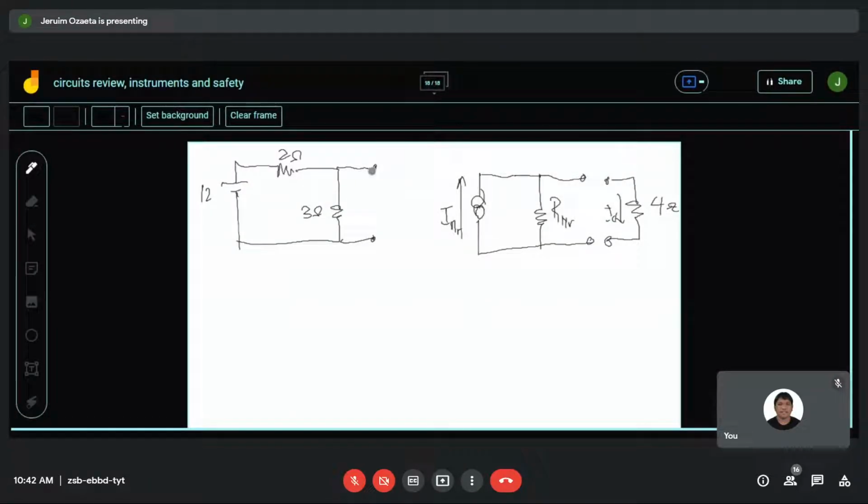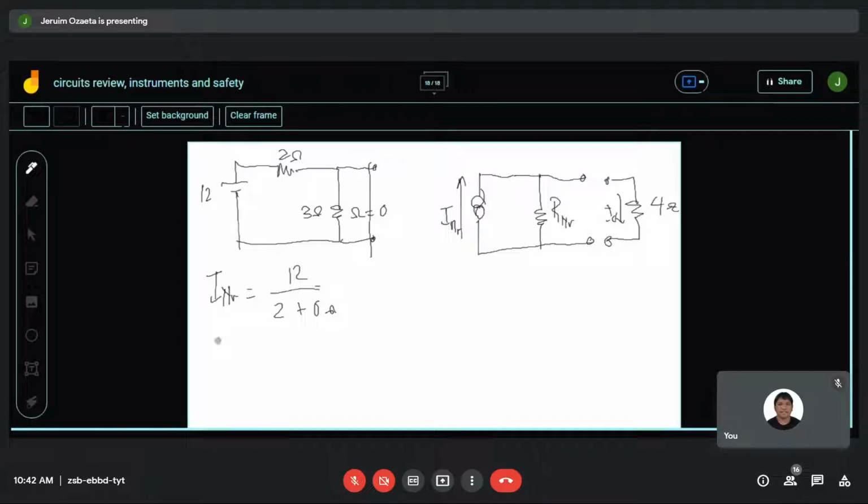So this is 12 volts. Now, by short circuiting it, we have I sub Norton equals 12 volts over 2 ohms plus 0 ohms. It is 0 because when you short circuit this, the resistance here will be 0.